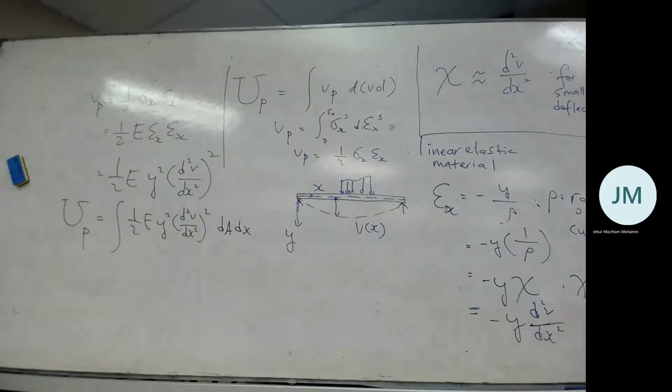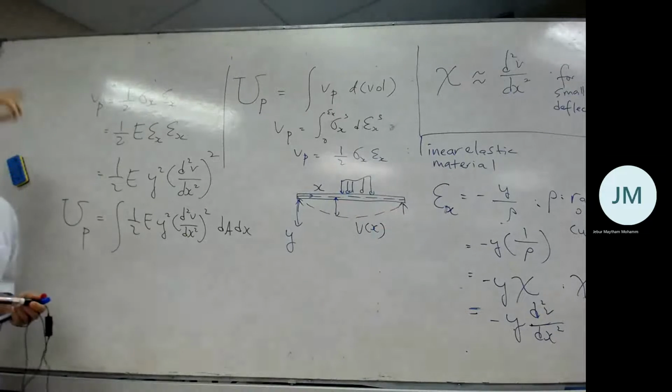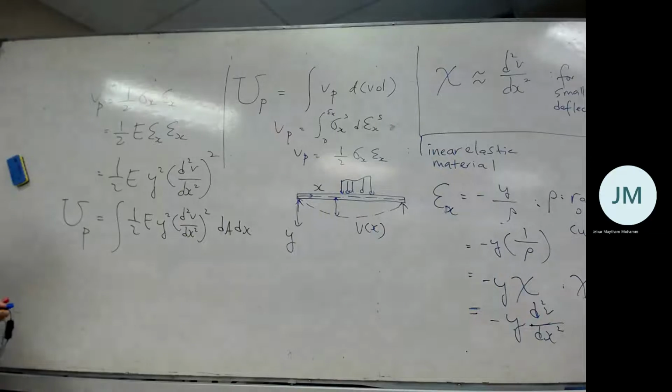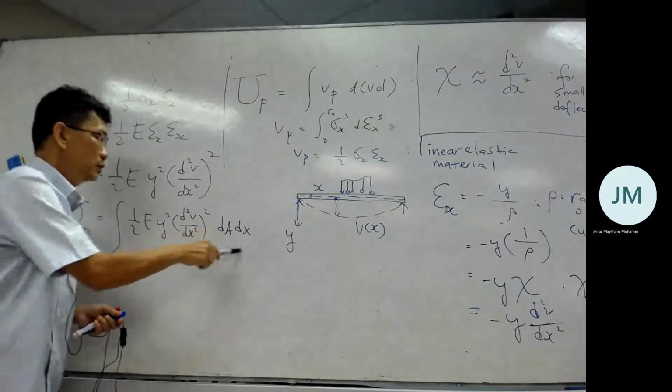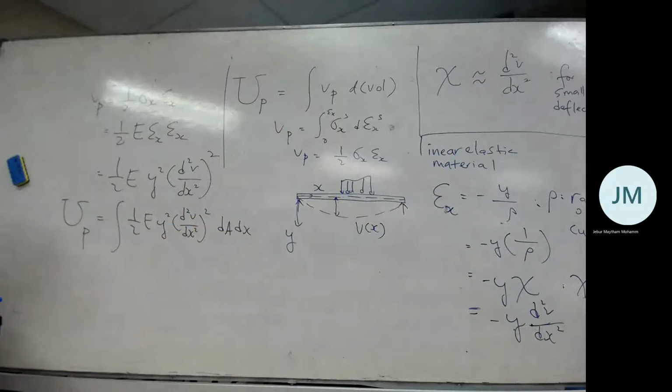Just now we directly used dx because everything was constant over the area. But now, because this is changing over the cross section, we have to use dA dx to represent the volume.